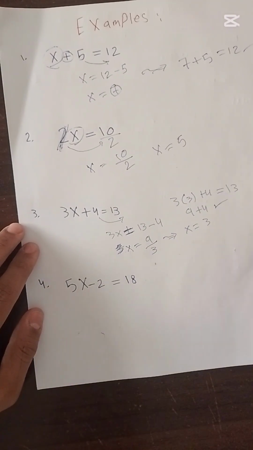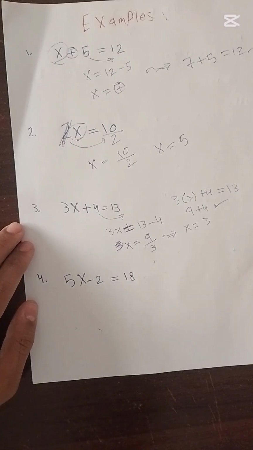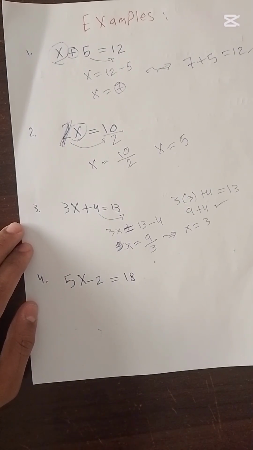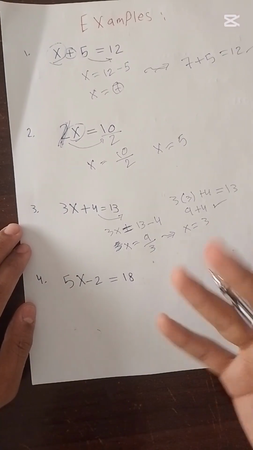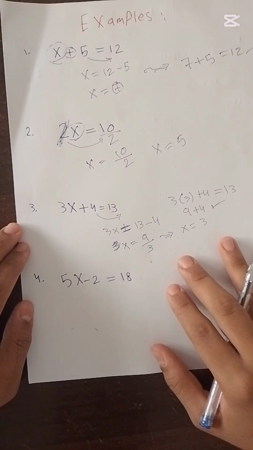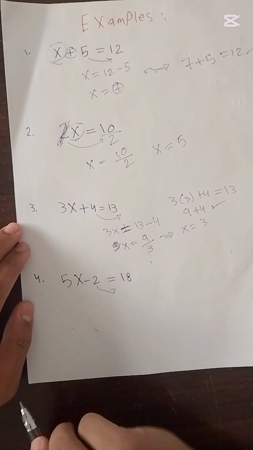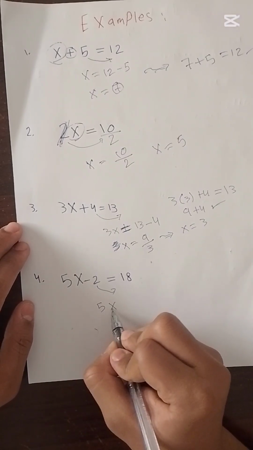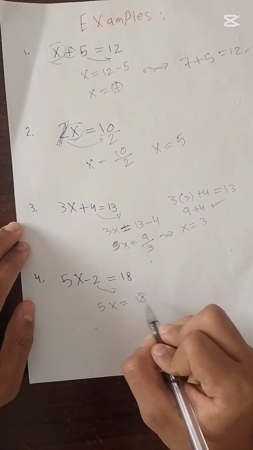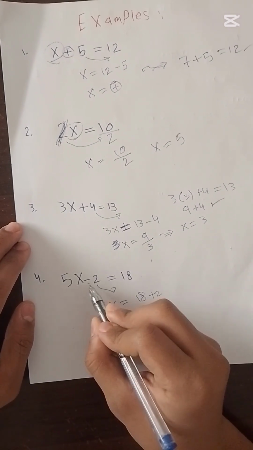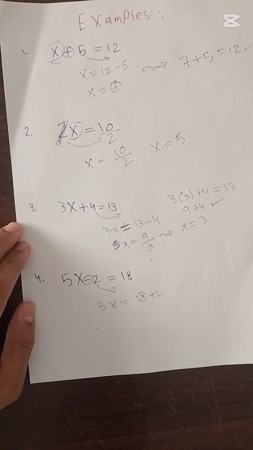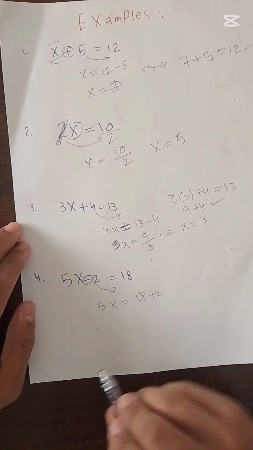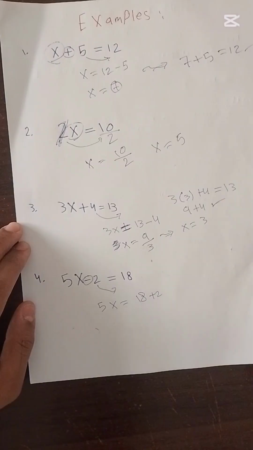For the final question, last but not least, we have 5x minus 2 equals 18. As I mentioned, move the subtractions and additions first. Move 2 to the other side: 5x equals 18 plus 2, because the opposite operation of subtraction is addition.